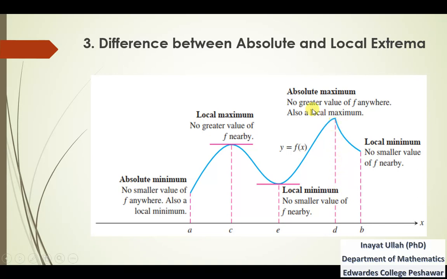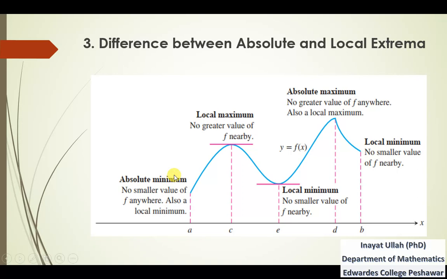So this maximum value is called the absolute maximum value, and the rest of the maximum values are called local maximum values of the function. The absolute maximum value can also be taken in the sense of a local maximum value, and the absolute minimum value can also be taken in the sense of a local minimum value.